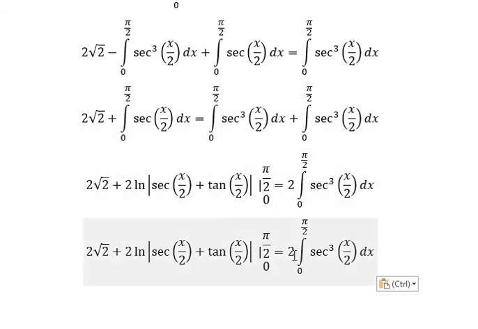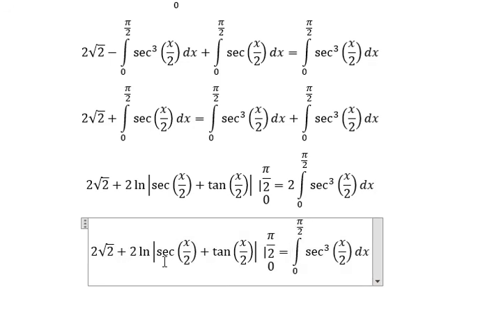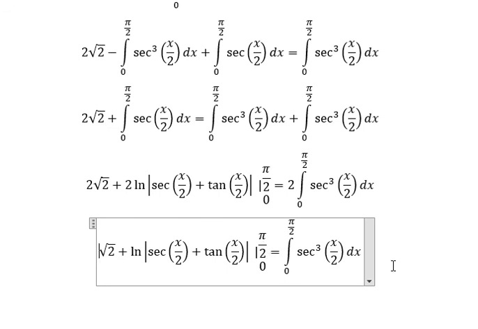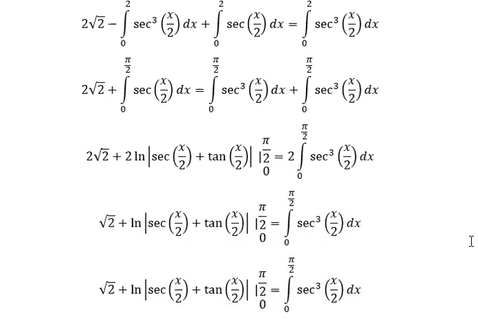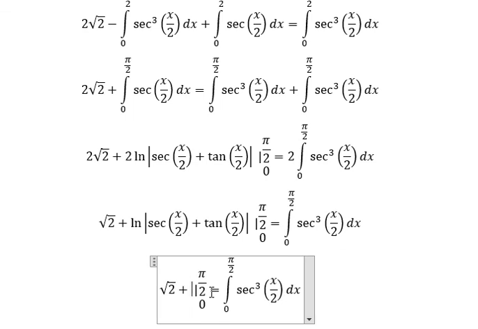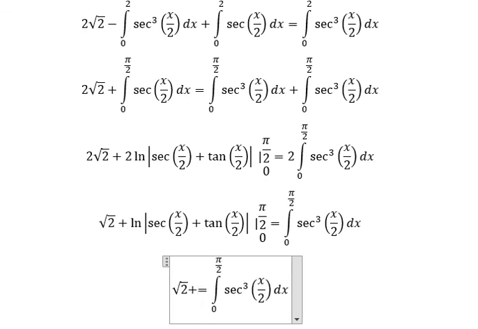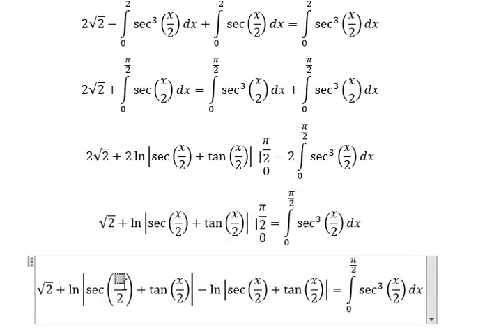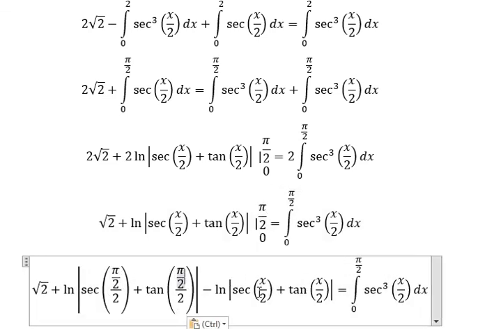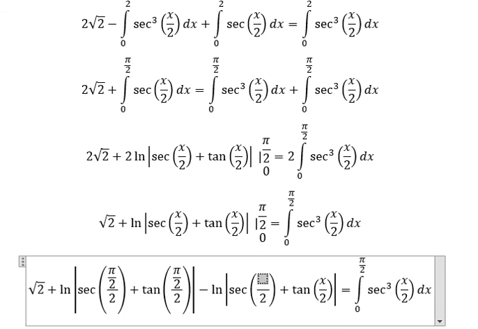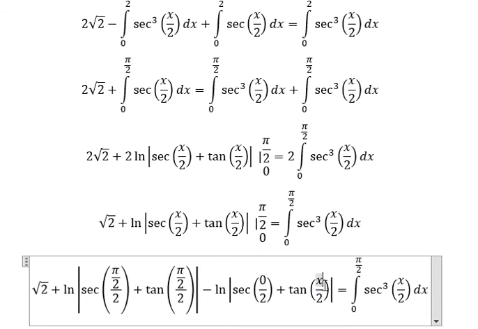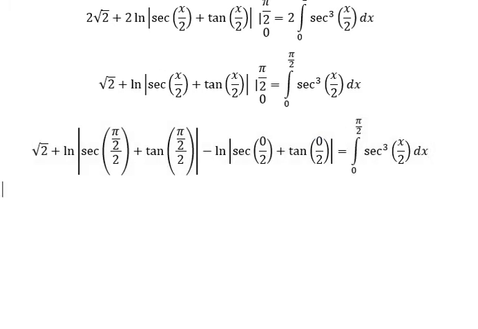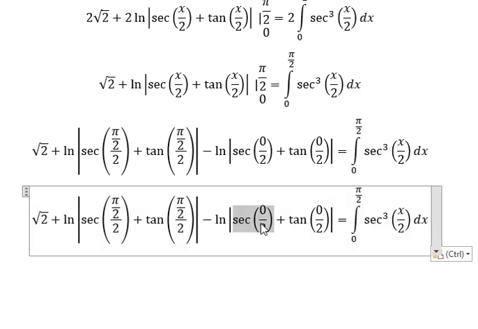Next, we divide both sides by number 2. Now we put the bounds going here. This one you got about number 1.